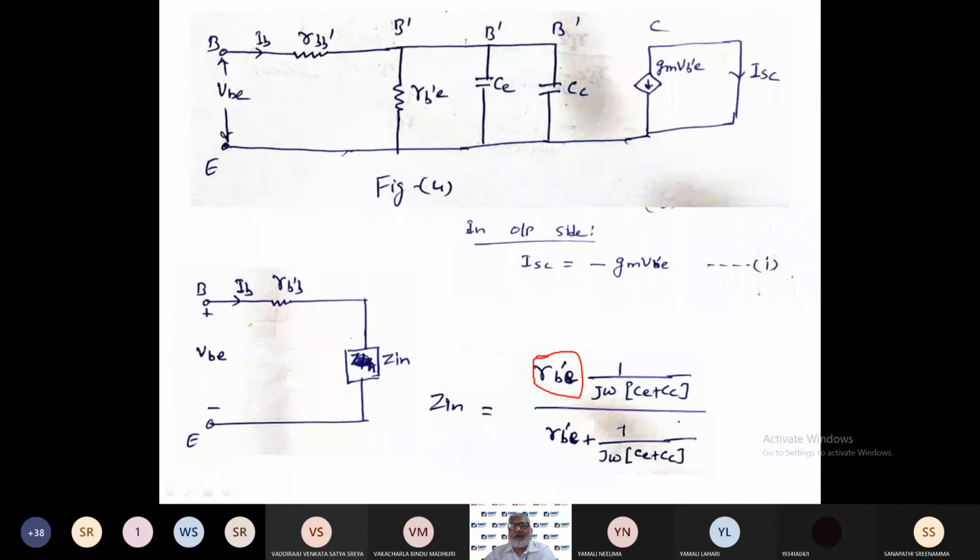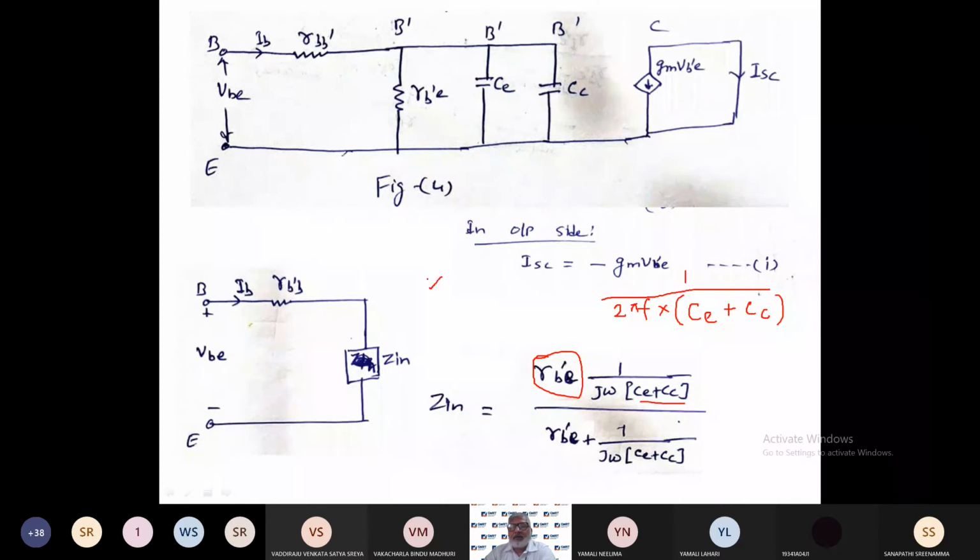So equivalent capacitance is, there are two parallel capacitances. So equivalent will be CE plus CC. This, right? And into 2 pi by 1.